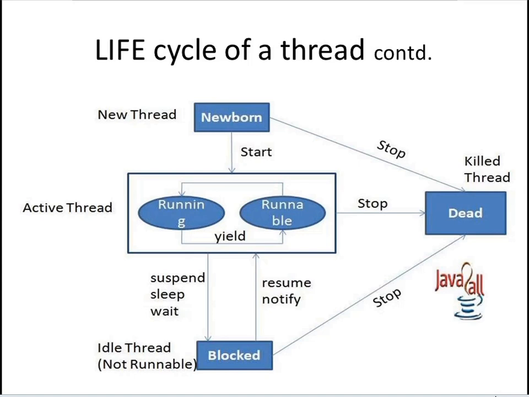When the thread is running and requires some resources or some inputs from the other thread, or depends on the other thread, then it moves to the blocked state. Once it gets the required resources, it resumes, is notified and moves back to the active thread as runnable, and once it finishes, it moves to the dead state. We are going to see the details of each state.